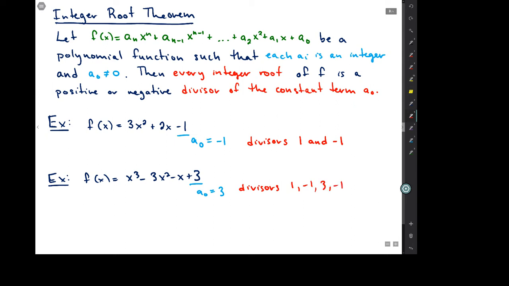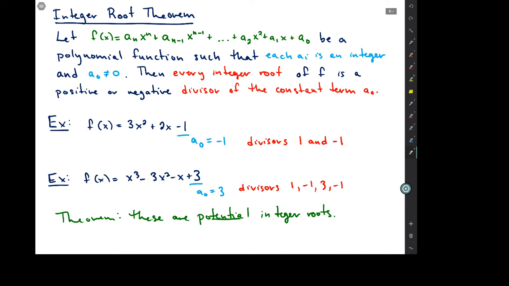And what this theorem tells us is that these are potential integer roots. If there are roots that are integers, they have to come from this list.